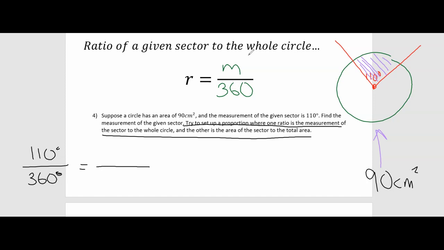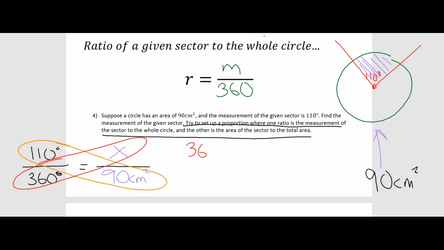That ratio has to be equal to the ratio of the areas. I'm looking for the area of the sector, so we'll just call that x, and the entire area is 90 centimeters squared. So on one side we have the ratio of the measurements, and on the other side the ratio of the areas. And by cross multiplying, we can solve for our unknown.